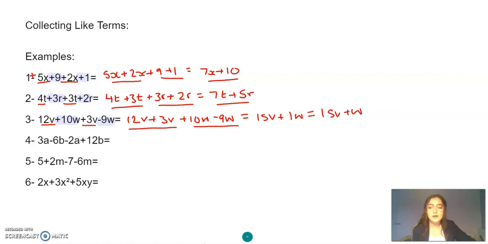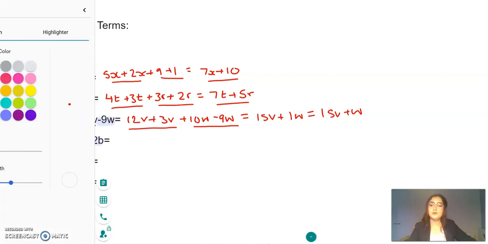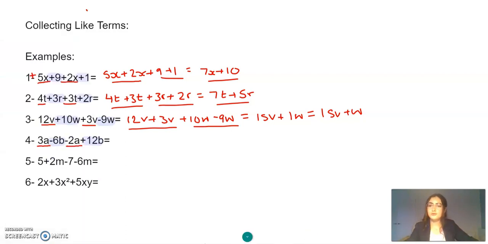So next example, we have positive 3a, negative 2a, and we have negative 6b and positive 12b. Now, what did I do? Okay, I think we're good.